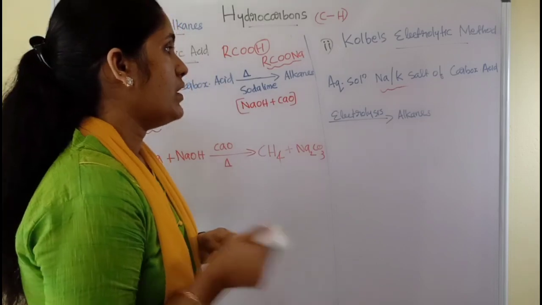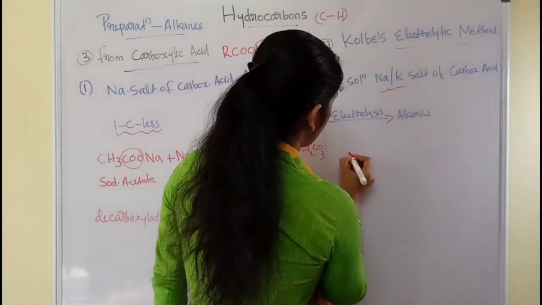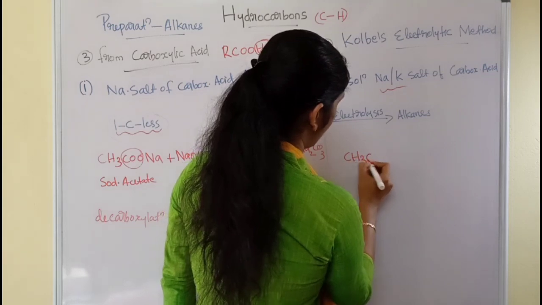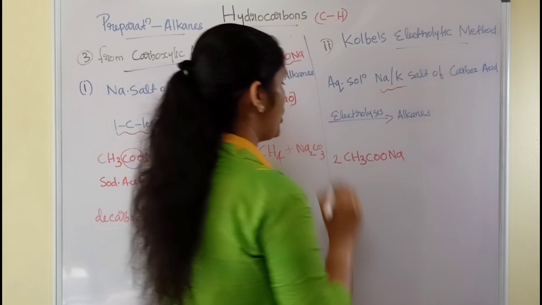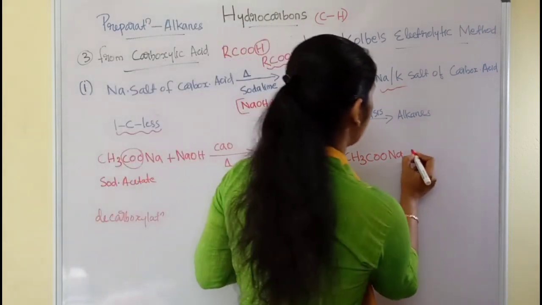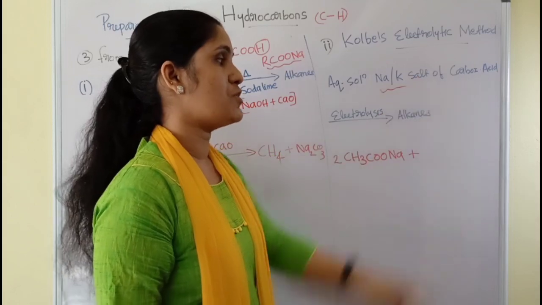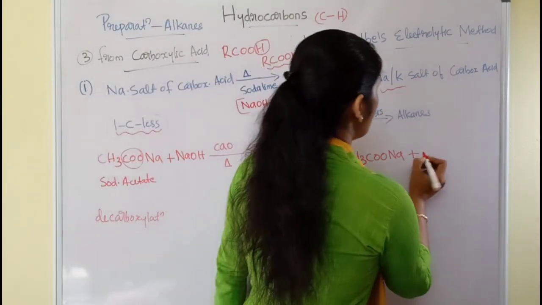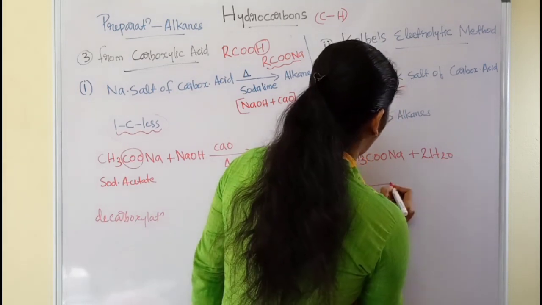Let's write down the reaction here. Sodium or potassium salt of carboxylic acid. We take 2 molecules of CH3COONa, and since it is an aqueous solution, we add 2H2O.